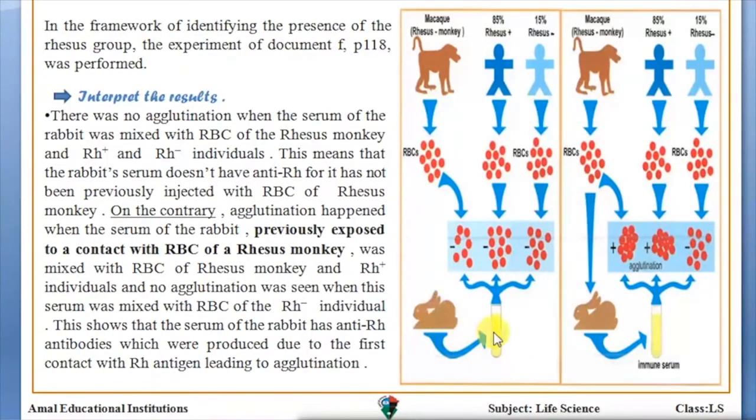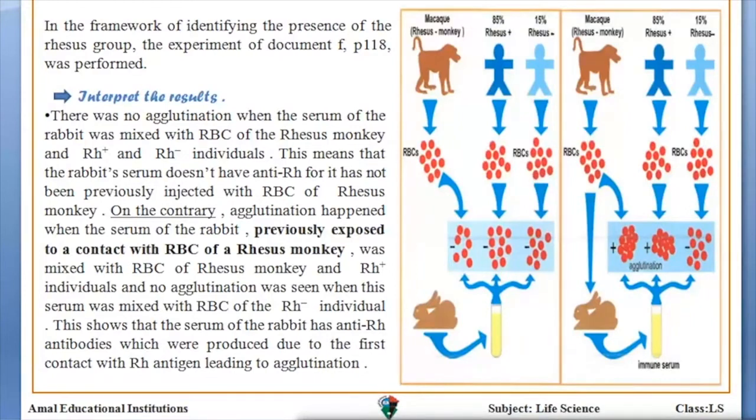This is why the serum has no anti-Rh antibody, and this is why when it was added to the red blood cells of the rhesus monkey and the rhesus positive individual that have rhesus antigen on their red blood cell, no agglutination happened. There was no antibody to bind to the Rh antigen on the red blood cell to cause agglutination.